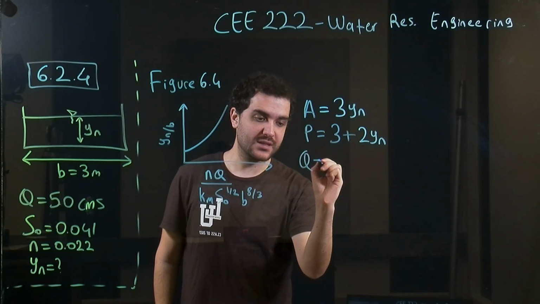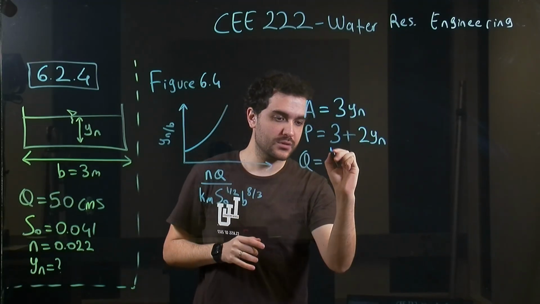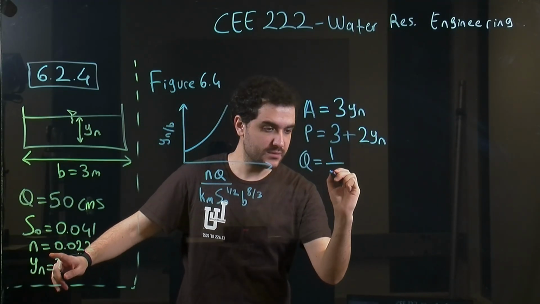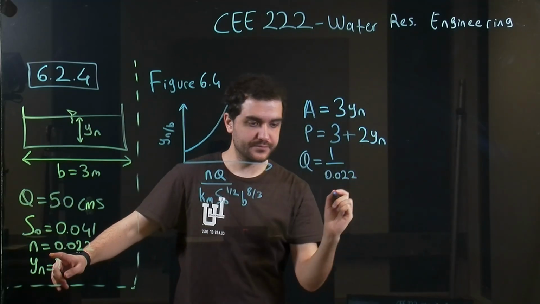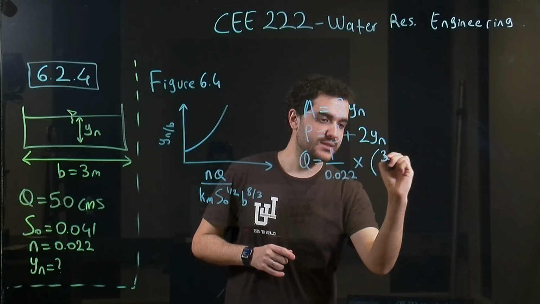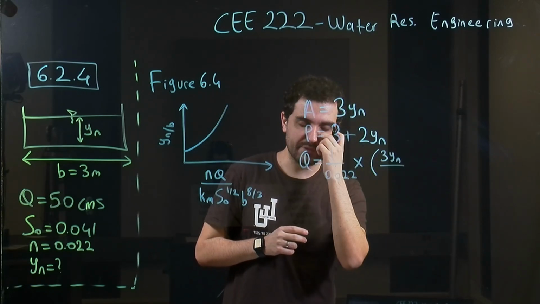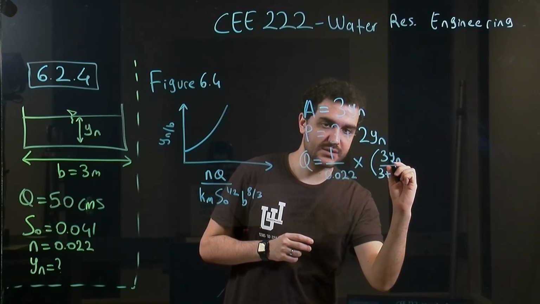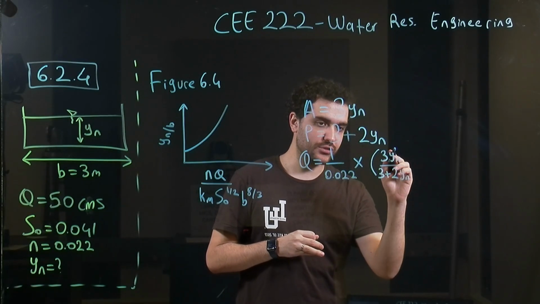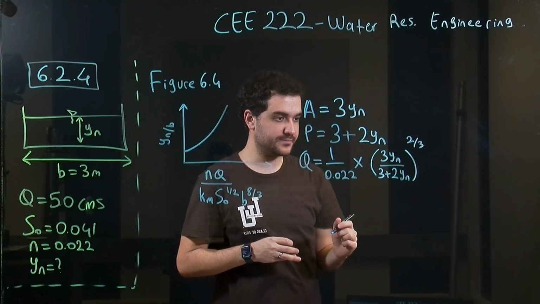Again, since this is an open channel, we can use the Manning's equation. So Q is equal to 1 over 0.22 times hydraulic diameter, which is 3yn over hydraulic perimeter, which is 3 plus 2 normal depth, to the power of 2 over 3.